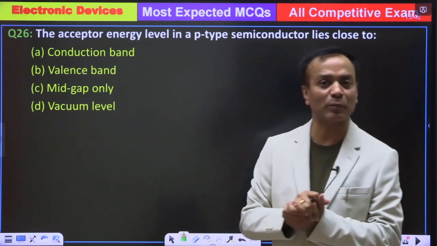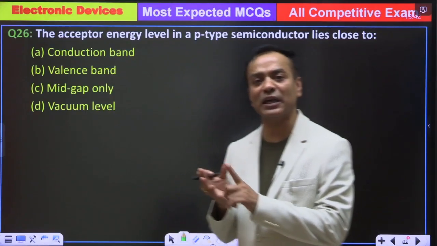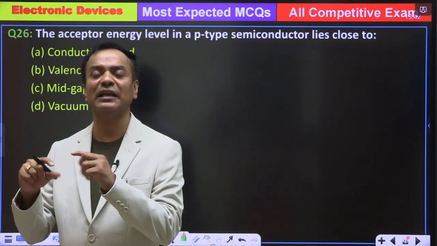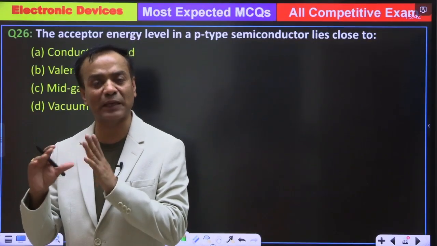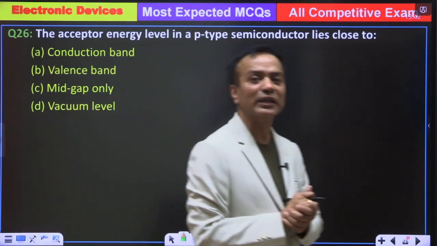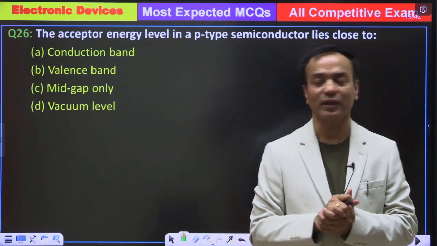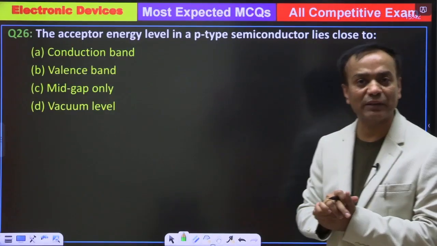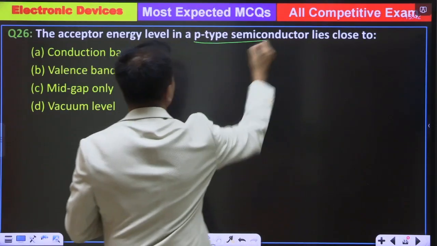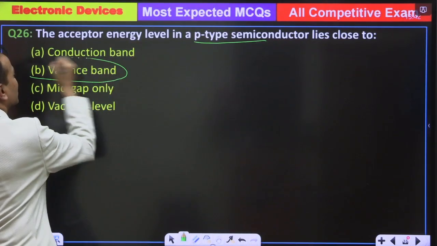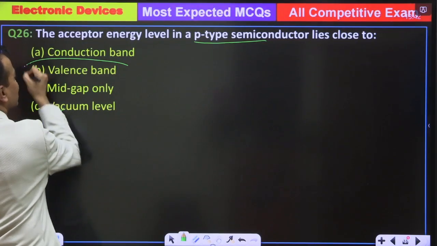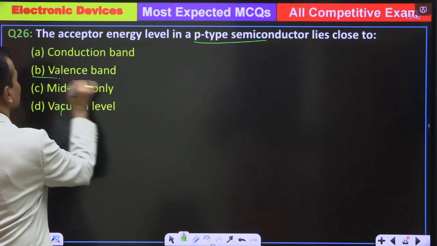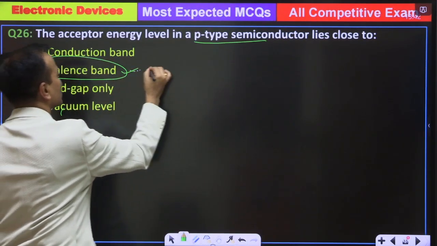And for the p-type semiconductor, the acceptor energy level is nearer to the valence band, and its associated Fermi energy level is also nearer to the valence band. So for this question, the right answer will be option B, valence band, because they asked for the p-type semiconductor. So option B is the right answer for this question.